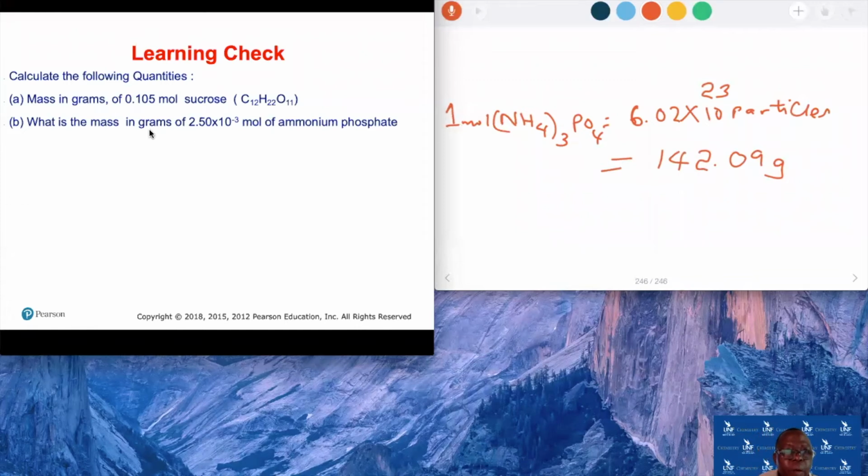Now we are looking for the mass, so we're going to use this.